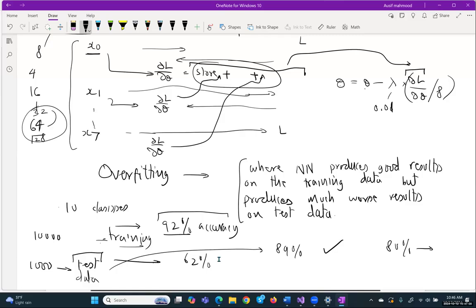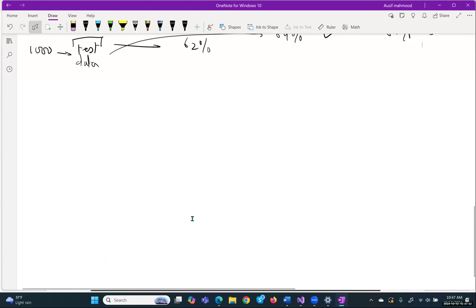The example I was giving you for overfitting was, suppose you have linearly separable data, with a few noisy cases over here. Let's say it's X's and O's.